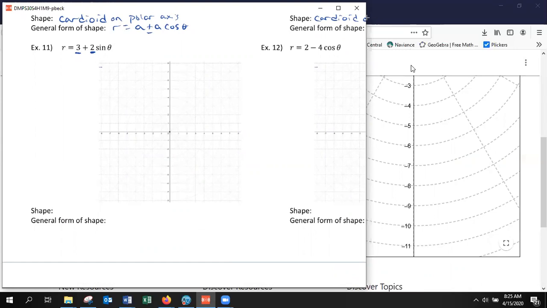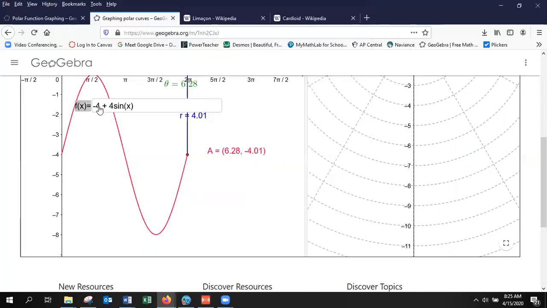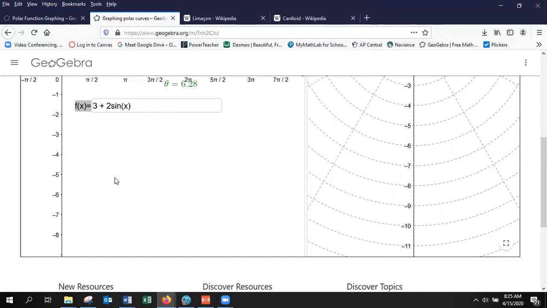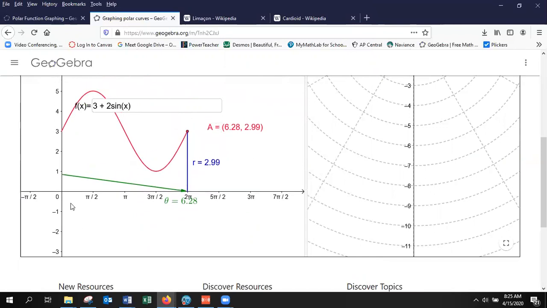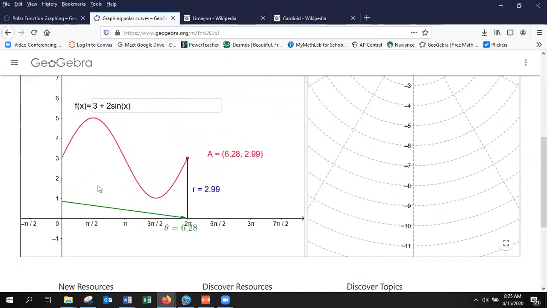So 3 plus 2 sine theta, let's go to this graph and say, what does that look like? Now I'm going to shift this down so we can see the graph of this rectangularly. And if you notice, we do have that 3 is our equilibrium of 3 here.